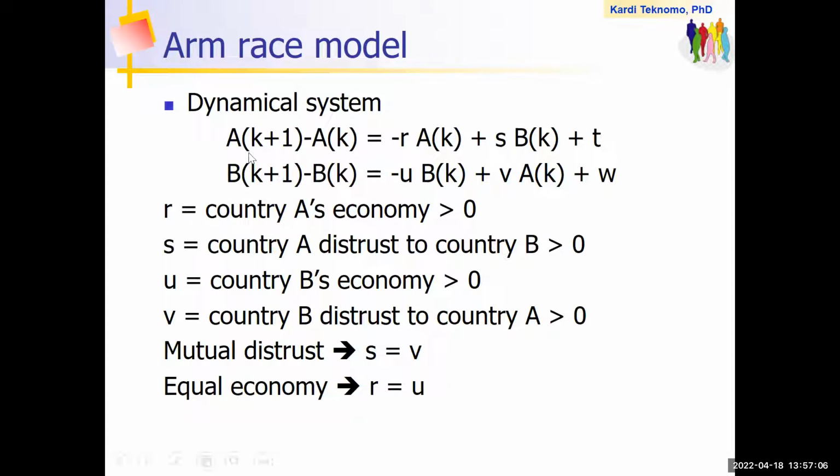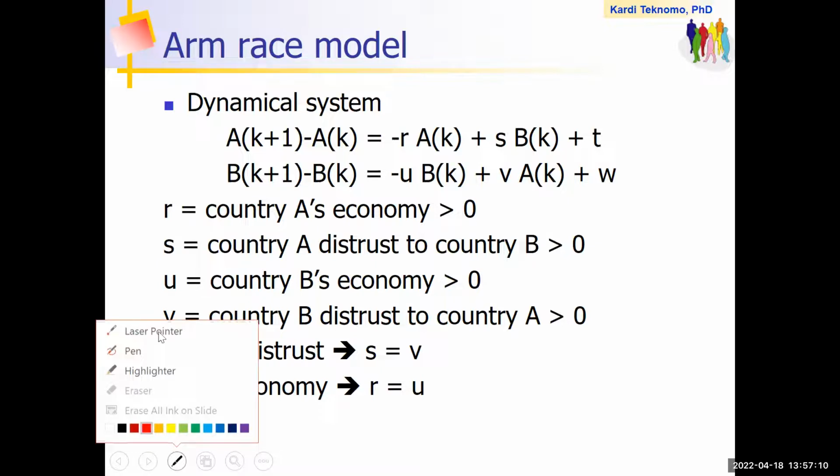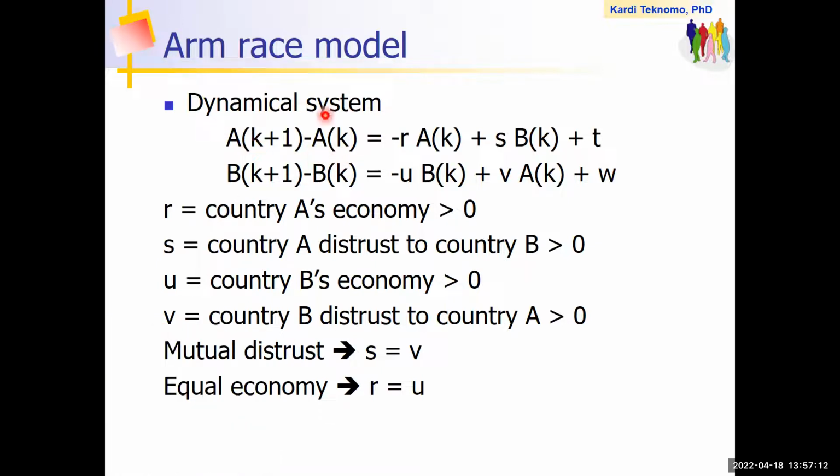So this is actually the difference. The difference of the budget of country A depends on the value of the budget in the current year, and depends on the enemy's budget also.